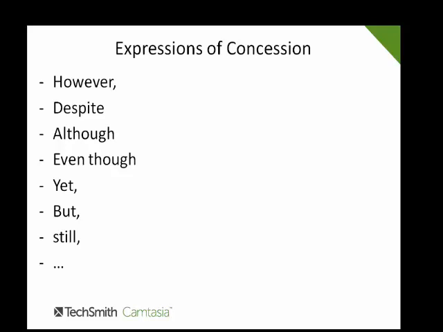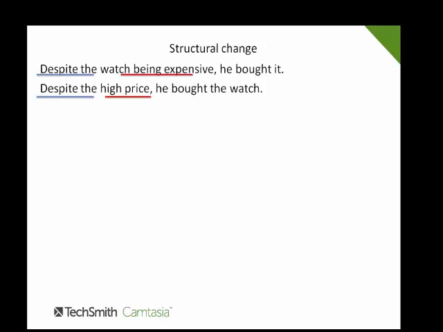still. Now let's have a look at some structural changes. It's the same as what we have done with along with. So we have, despite the watch being expensive, he bought it. And then, despite the high price, he bought the watch. So the expression that we use is despite. Now look, despite is followed by what in the first example? We have the watch being expensive.